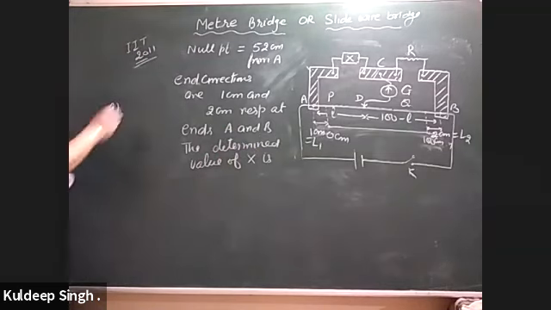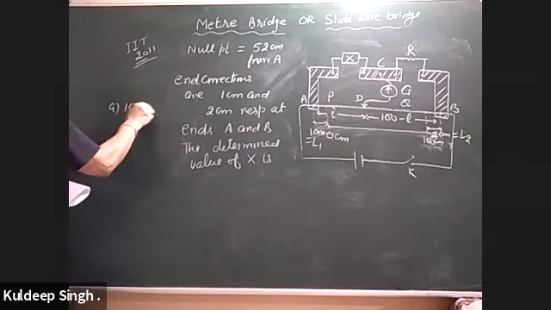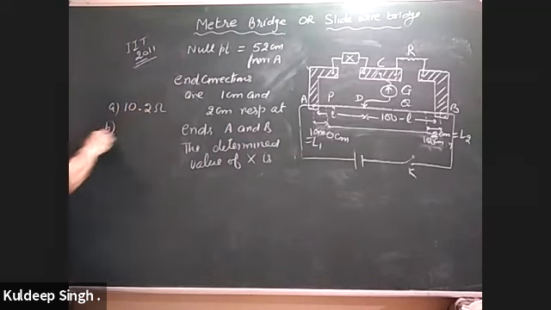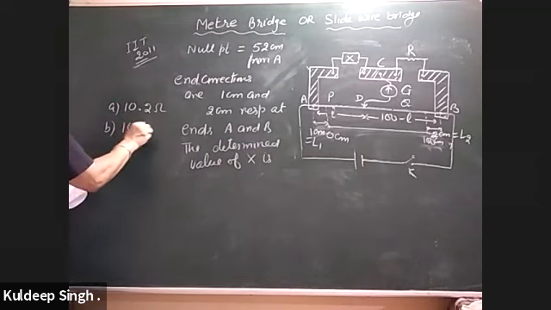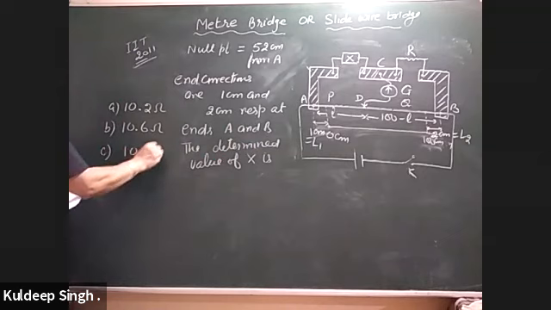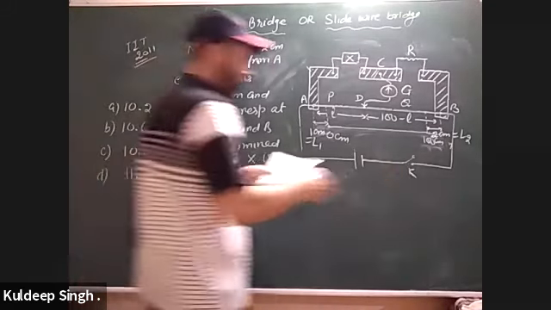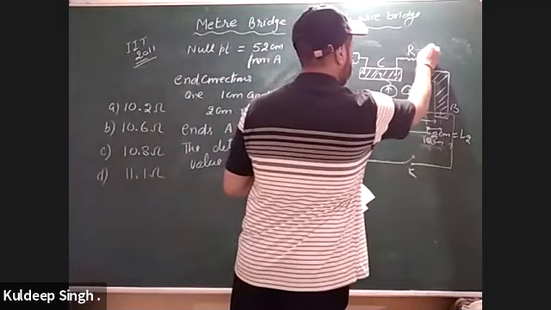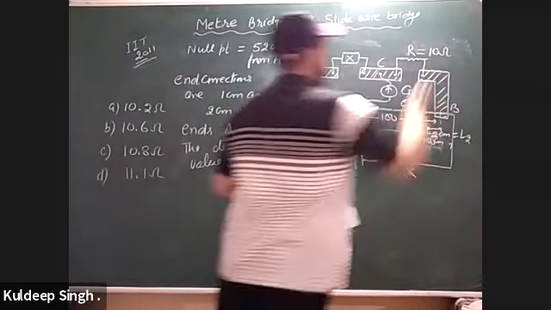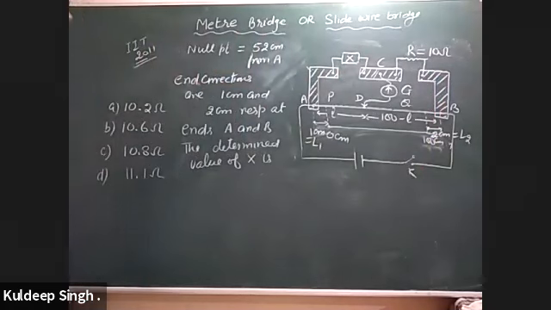First option is 10.2 ohm. Second is 10.6 ohm. C, 10.8 ohm, and D, 11.1 ohm. And R is equal to, this is also given to us, 10 ohm. So you are to find out X.